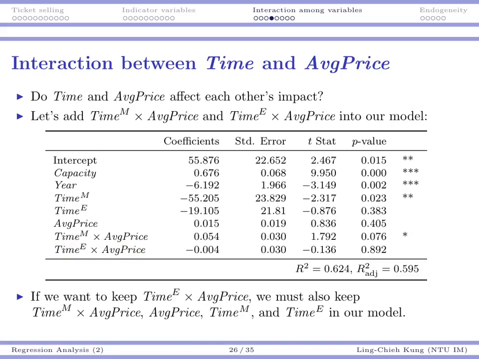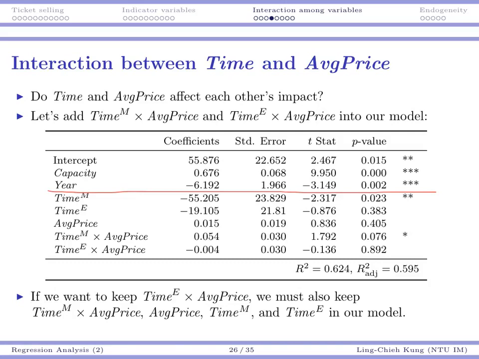So previously we have 5 variables, now we have 7 variables, and these two variables are added into our model because we want to capture interaction. Okay, so we have some variables that are not directly related to time and average price. We can see that capacity and year are still quite significant, so the impact is still there.